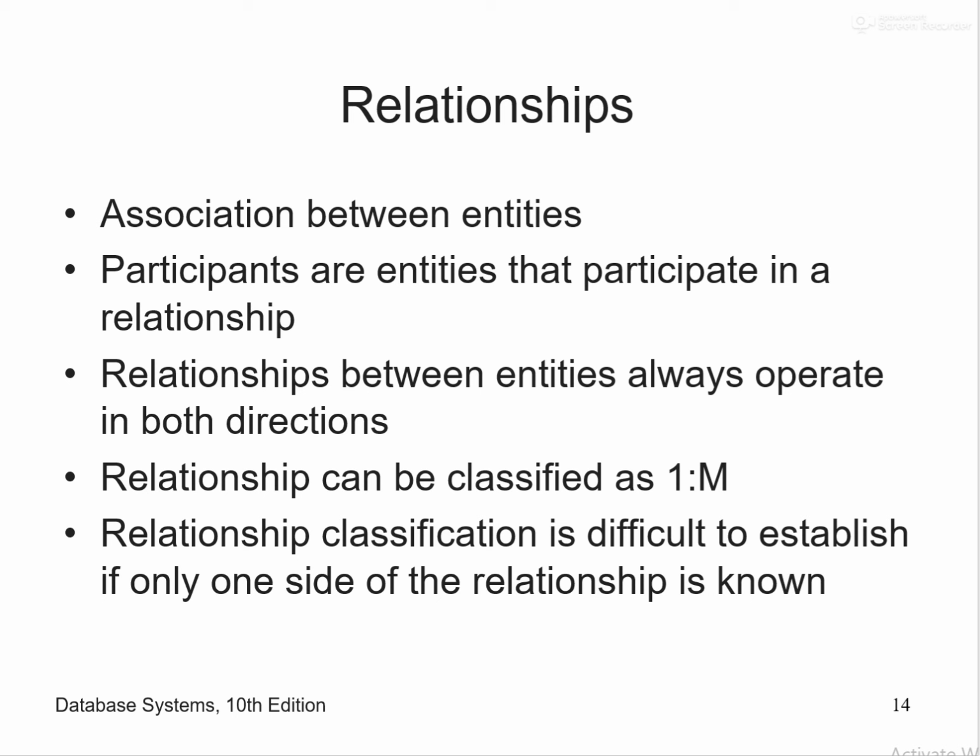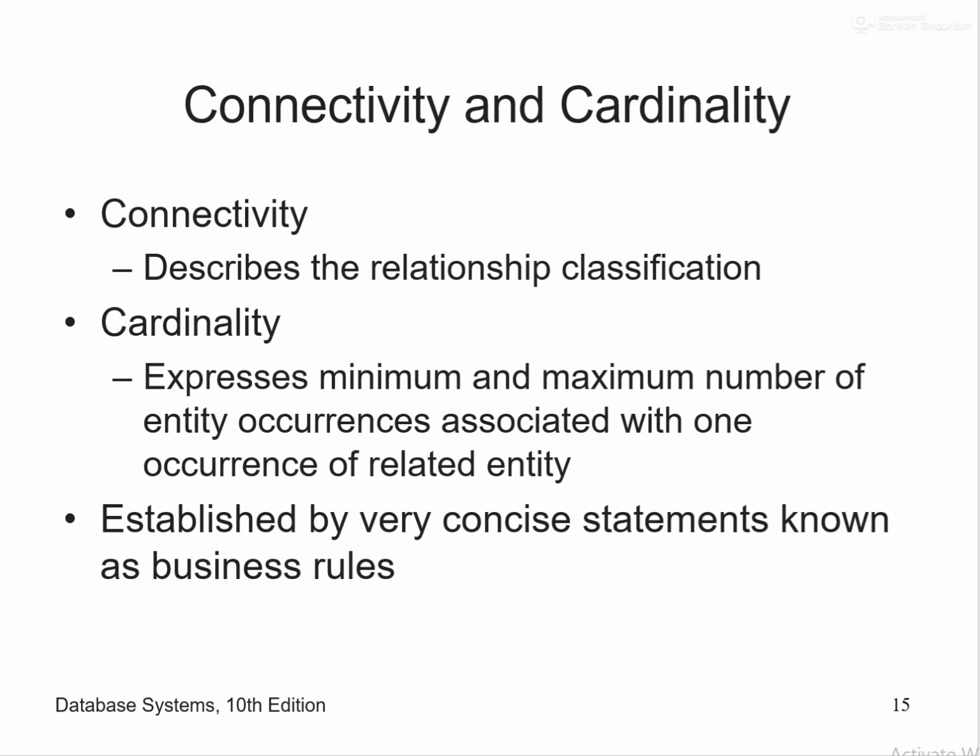For this we need information about both directions, because if only one side of the relationship is known and the other side is not, then classification would be difficult. Then we come to know about two new terms with respect to relationship: one is connectivity of relationship, and the other is cardinality of relationship.